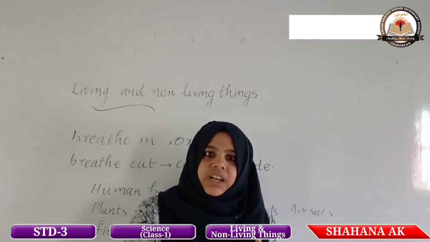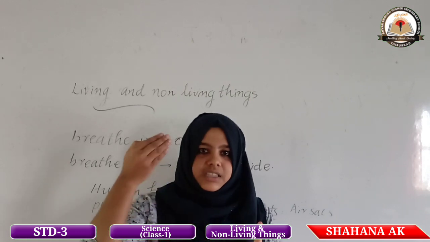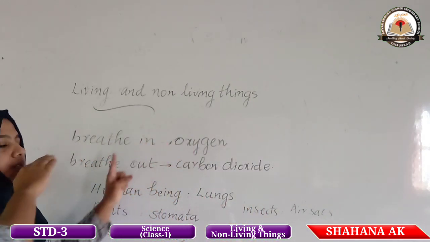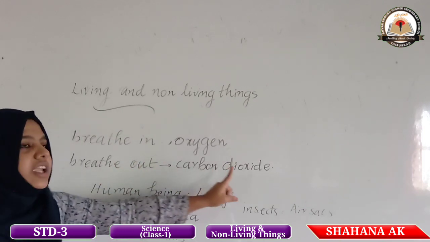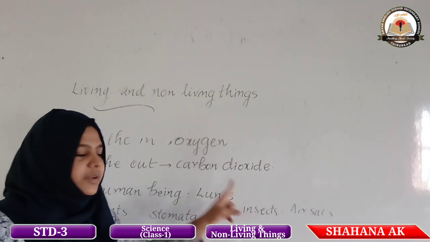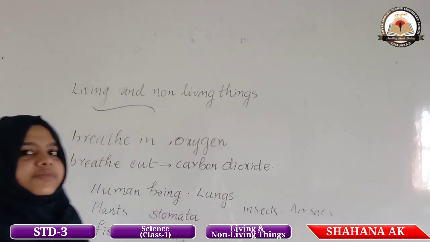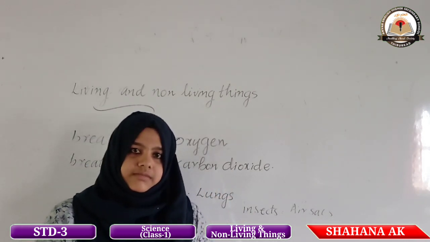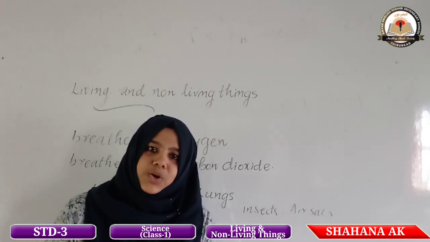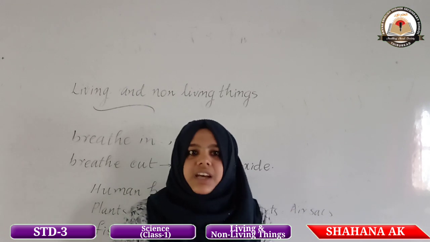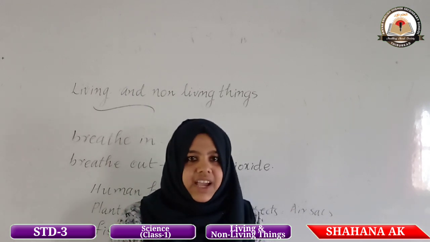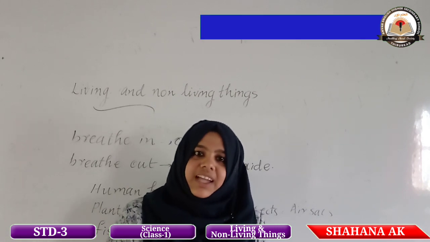First one, living things breathe. We breathe in oxygen and breathe out carbon dioxide. And non-living things do not breathe. Then next speciality, living things grow and non-living things do not grow. So these are the two specialities. The remaining specialities we can study in the next class.